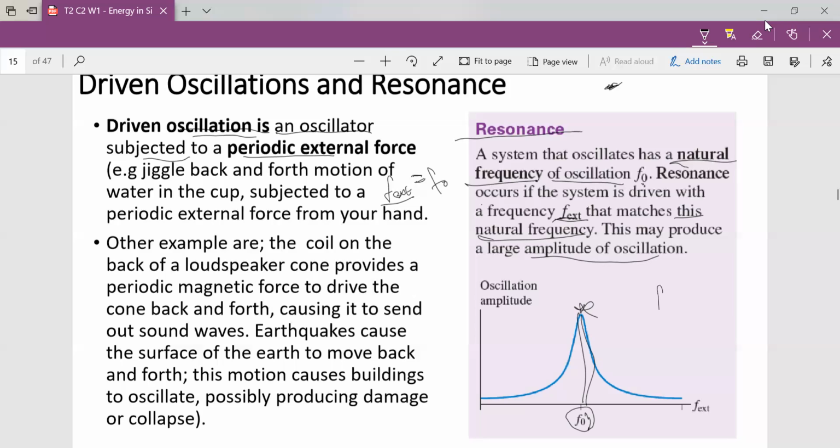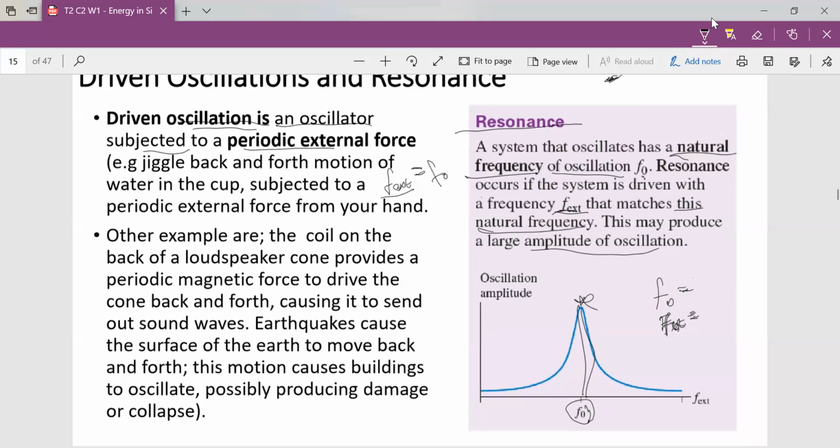And so we call this F naught the resonance frequency or natural frequency, but we'll call the F ext the frequency for the external force, the external force frequency. And what you have noticed, this resonance occurs when F naught is equal to F ext. Okay.